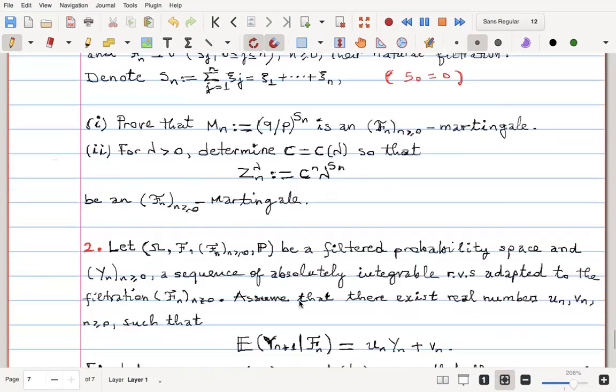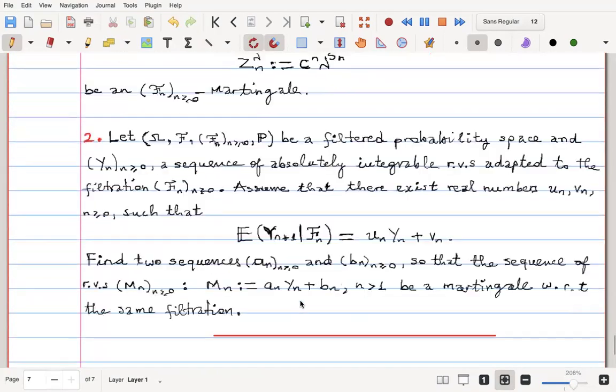And the second problem: we are given a filtered probability space, and we have a sequence Yn of absolutely integrable random variables adapted to the filtration Fn. We assume that there exist real numbers Un and Vn such that the conditional expectation of Y sub n plus 1 given Fn is equal to Un times Yn plus Vn.